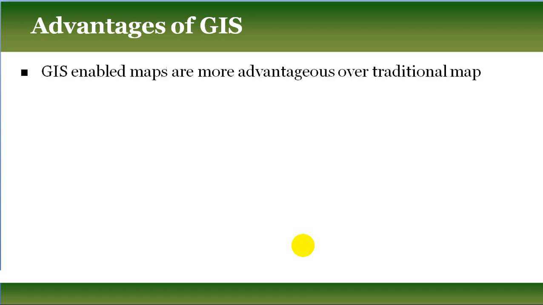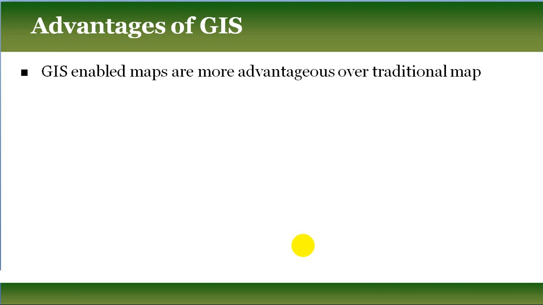GIS-enabled maps are more advantageous over traditional maps. Traditional map means the paper map that you find on your wall or in school, college, everywhere. These are the typical traditional maps. But in this traditional map, its content is static, not possible to change.